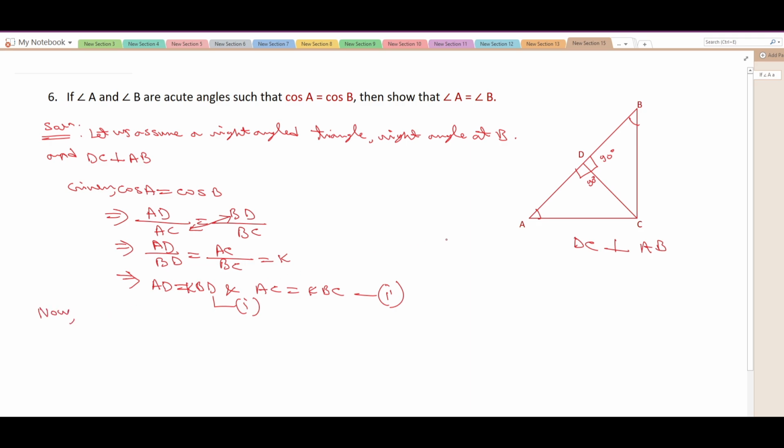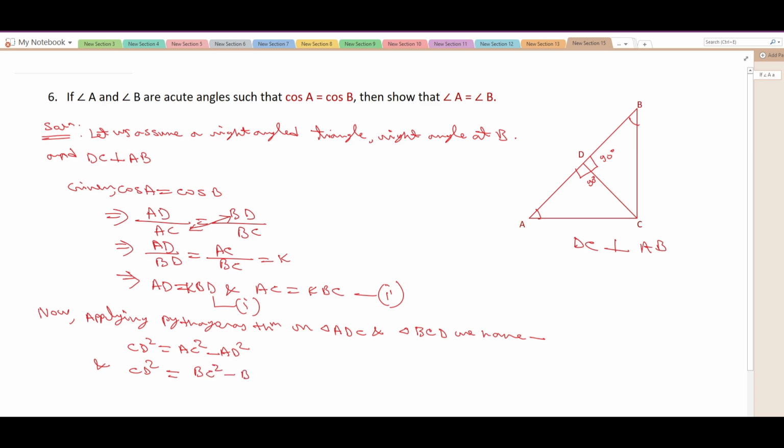Now applying Pythagoras theorem on triangle ADC and triangle BCD, we have CD square equals AC square minus AD square, and from triangle BCD we have CD square equals BC square minus BD square.